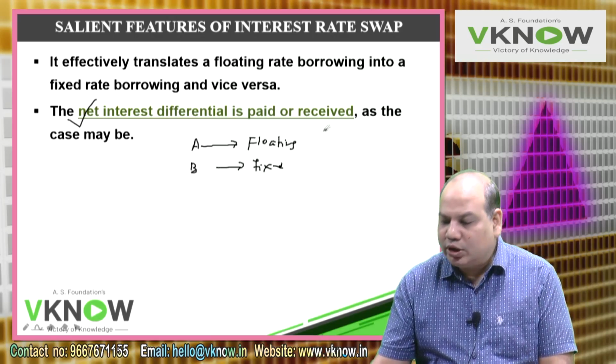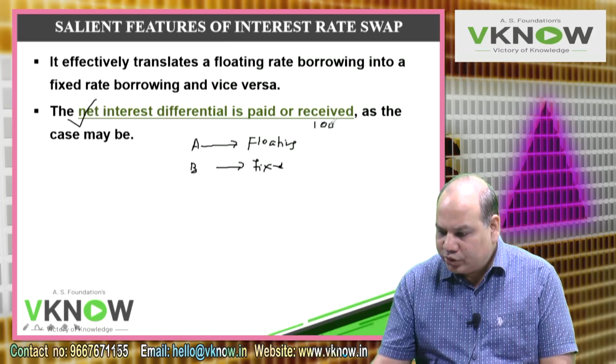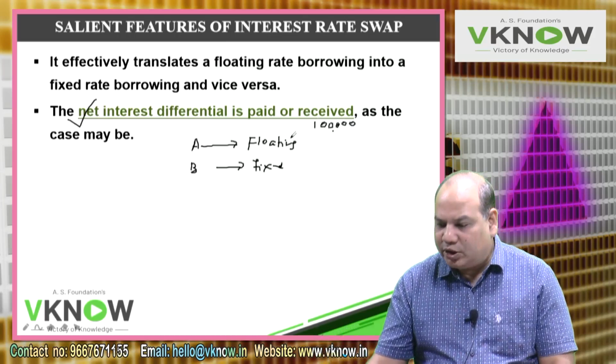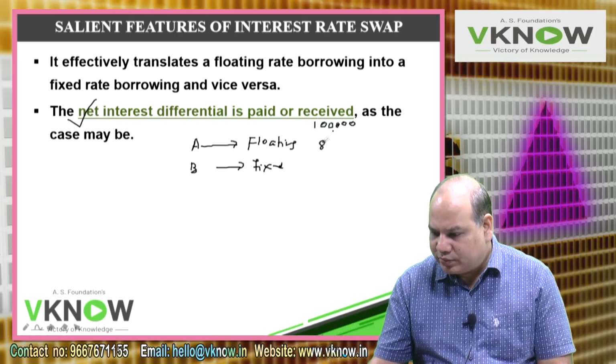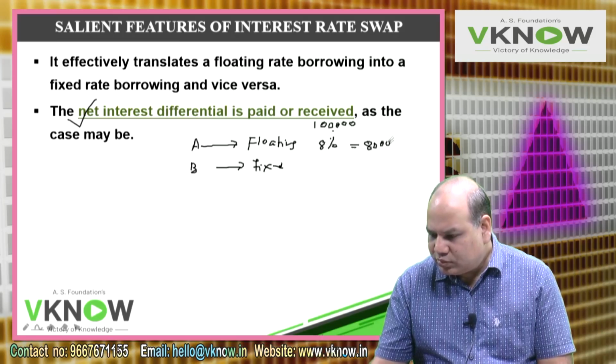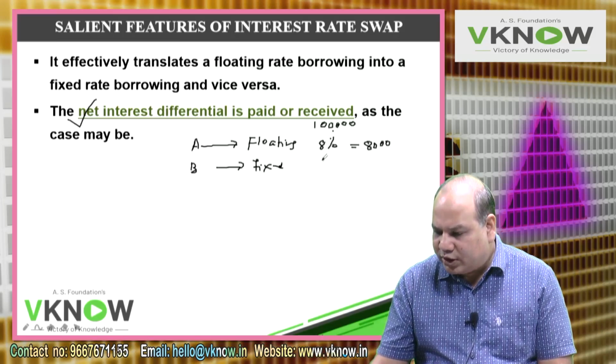So they will calculate the interest. Let us say the notional amount is 1 lakh for easy calculation, and the floating rate of that period turns out to be 8%. So A has to pay to B 8,000, and suppose the fixed rate they have agreed to exchange is 7%.